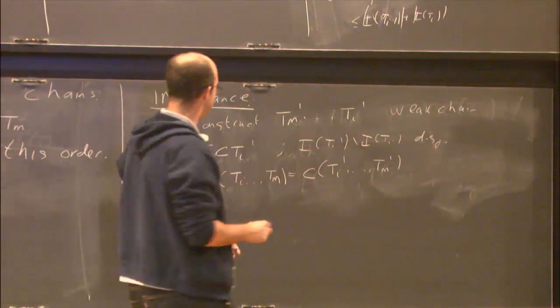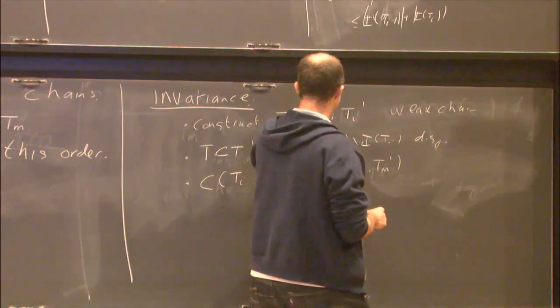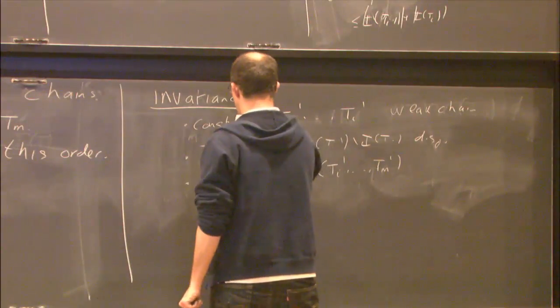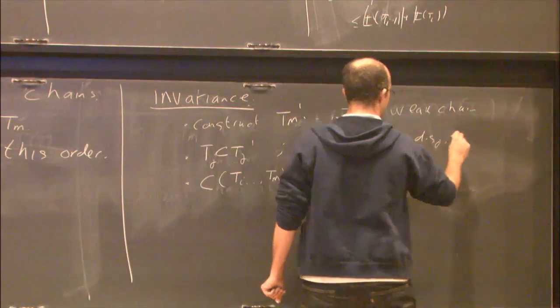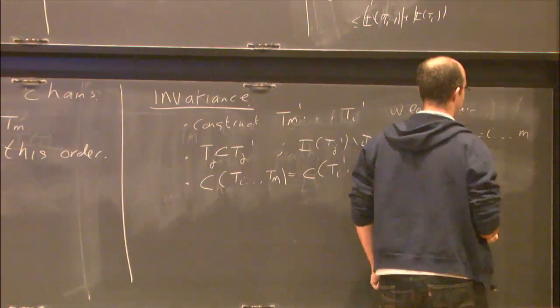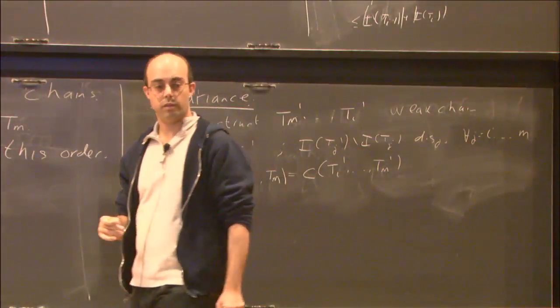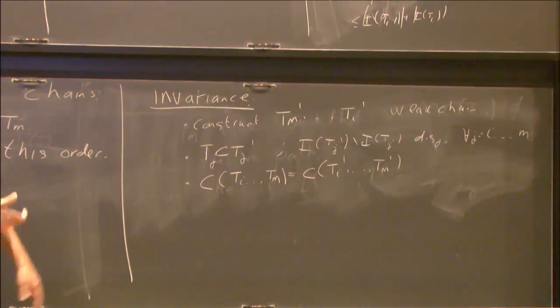Sorry, I guess I didn't say that right. Let me write this more formally. This should be for all j, i through m, so all the ones we constructed so far. Yes, thank you. So we just do it greedily, one by one, but everything has to change along the way.